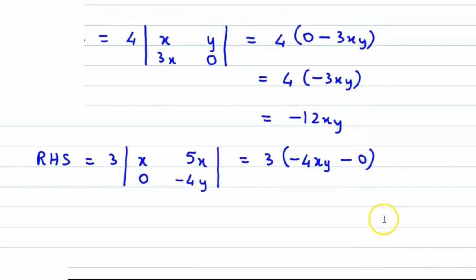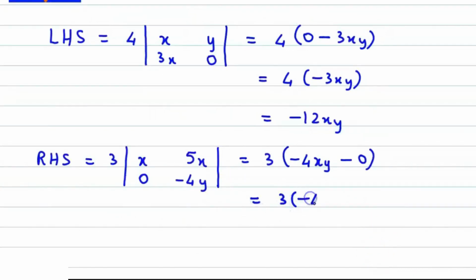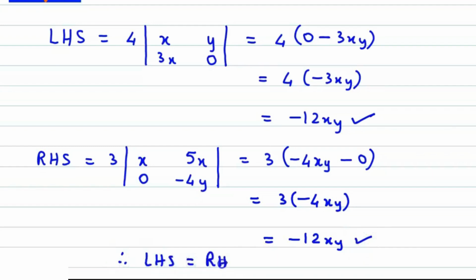So here we get 3 times minus 4xy, and if you multiply we get the answer as minus 12xy. So we could see that the left hand side is equal to the right hand side. So we just mention that LHS is equal to the RHS.